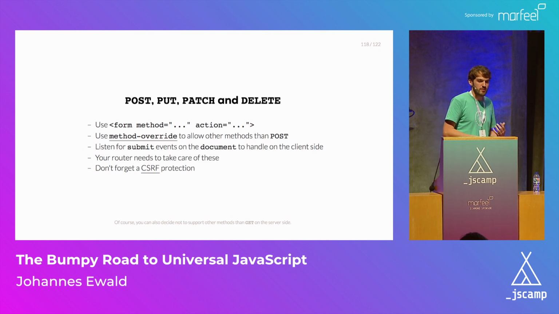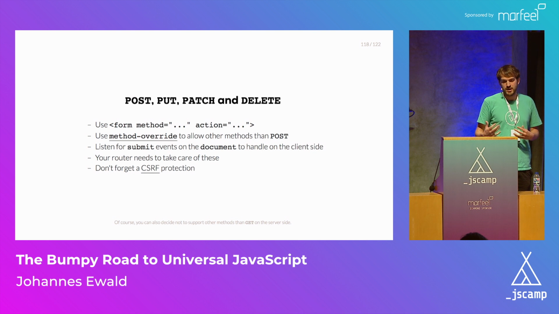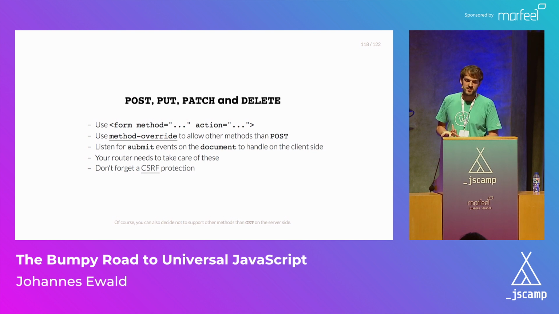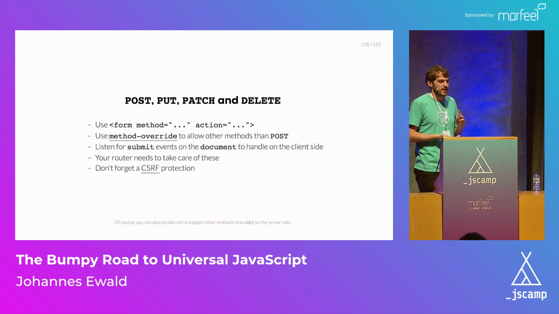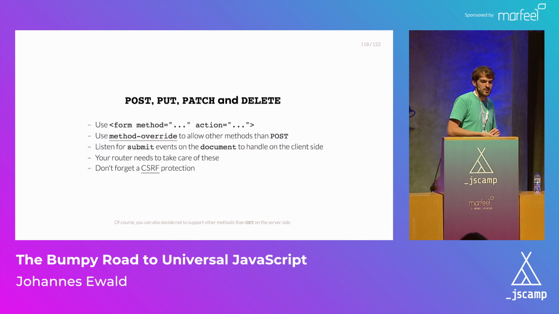And you can use the form tag for that. And you always need to remember that from a form tag, you can only send get and post. So if you want to emulate put, patch, and delete, there's this nice express middleware, method override, that allows you to define the real method you want to use.